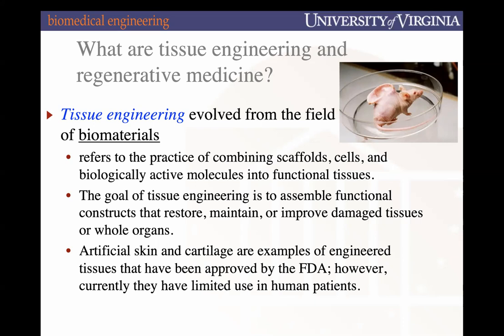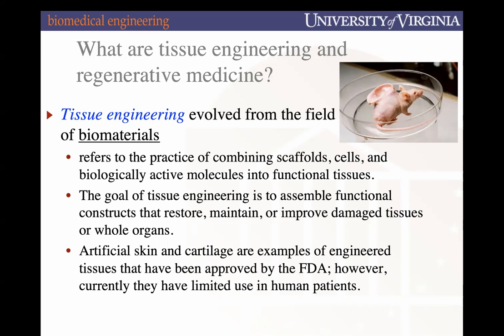So they created a structure that resembled a human ear, implanted it in the back of a nude immunodeficient mouse, and demonstrated that by simply having the structure, the scaffolding, they were able to leverage the biology of a mouse and have the cells populate the scaffold to create what resembled an ear.